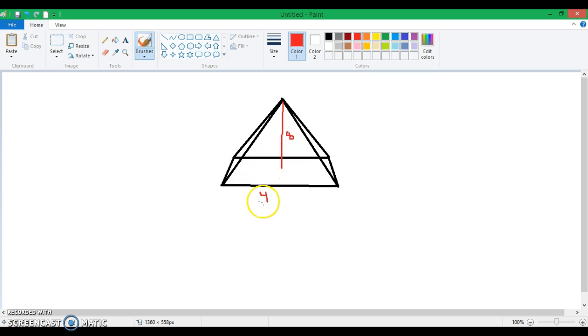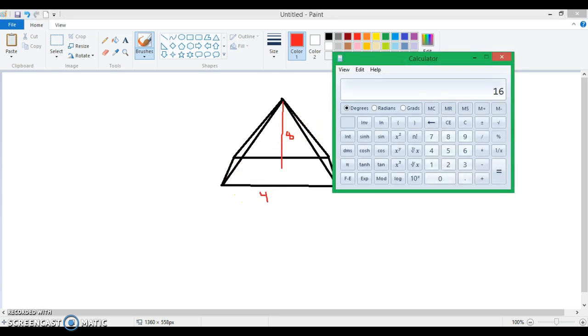So now we have 4 times 4, which is 16, and 16 times 8 is 128. And then we divide by 3, which gives us 42.666 repeating, which is simplified to 42 and 2/3.